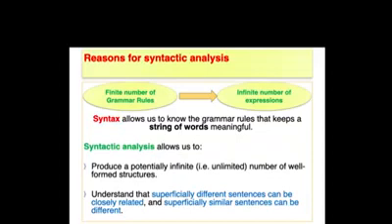Now, syntax, as we said, allows us to know the grammar rules that keep a string of words meaningful. It is because of respect of syntactic rules that we, as human beings, can understand different messages.